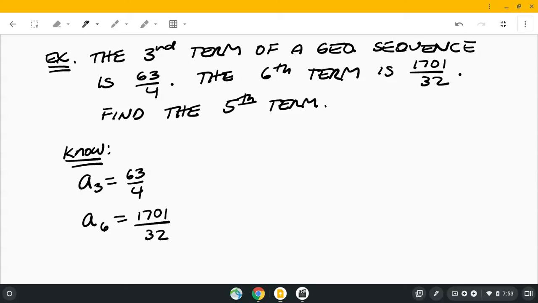So we don't have our first term. We don't have R. So what we're going to do is create a system of equations. From this one over here, our first equation.